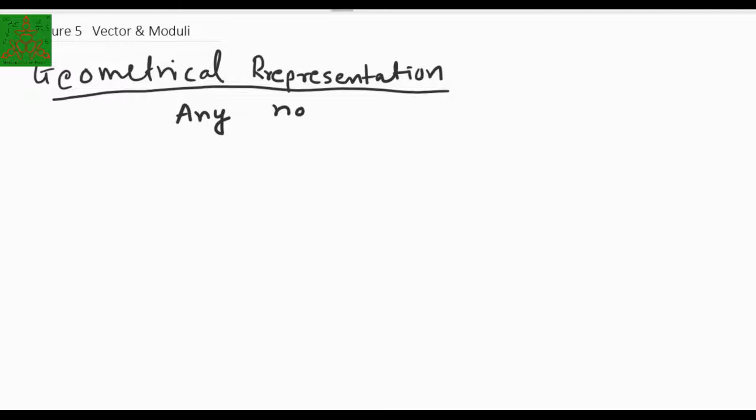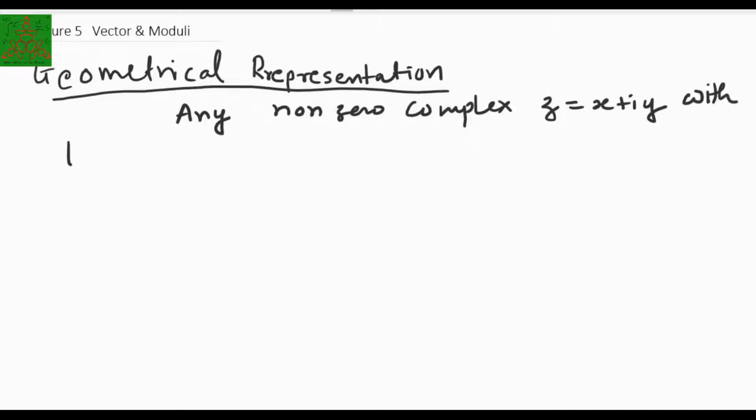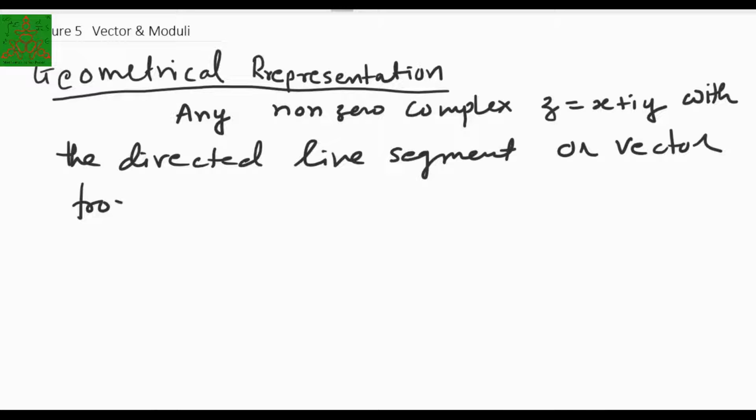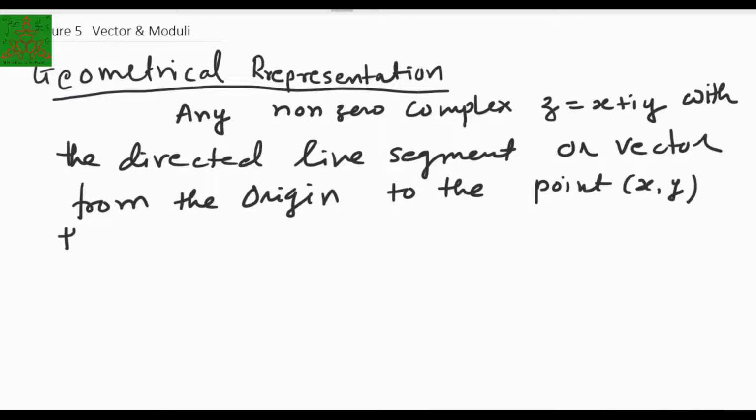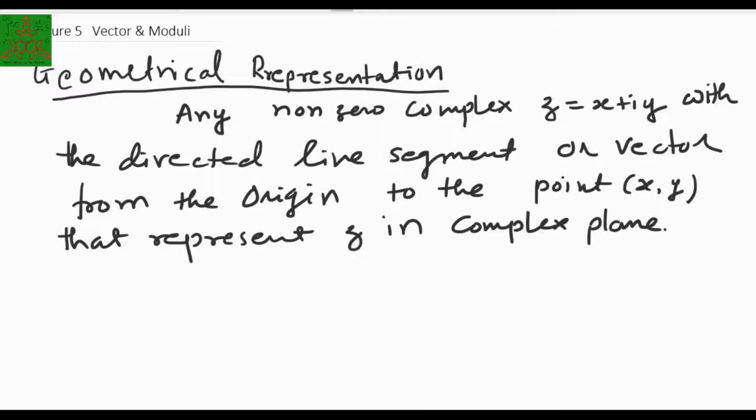Any non-zero complex number z equal to x plus iy is represented by a directed line segment or a vector from the origin to the point (x, y) that represents z. So any non-zero complex number in the complex plane is a directed line segment or a vector from the origin to the point (x, y).